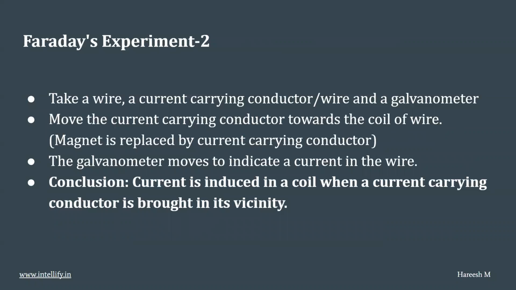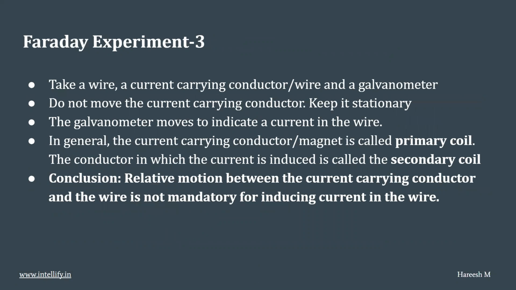So what he concluded from experiment number 2 was that current is induced in a coil when a current carrying conductor is brought in its vicinity. The only difference from experiment 1 was that here he used an electric current carrying conductor, and in experiment 1 he used a magnet.